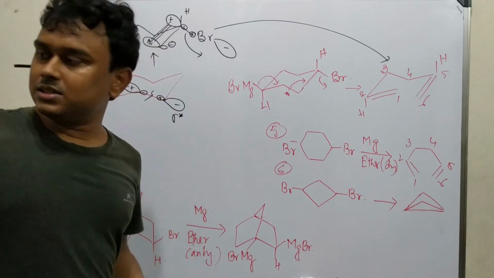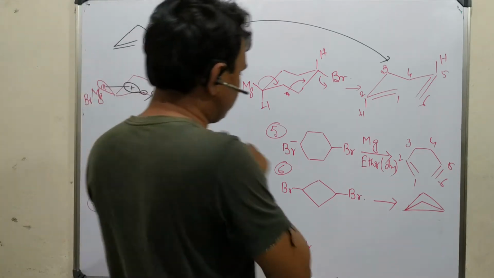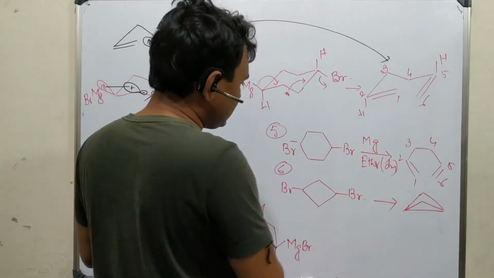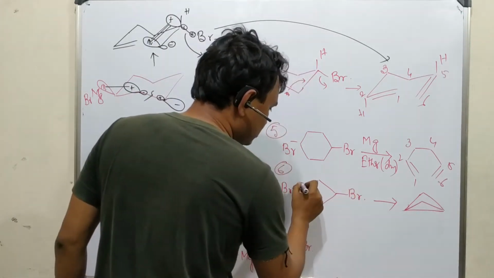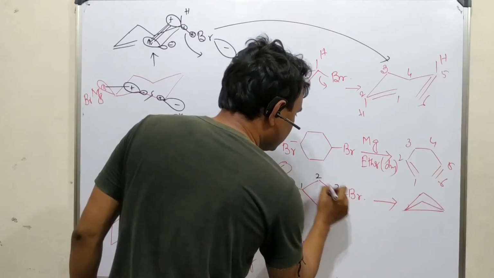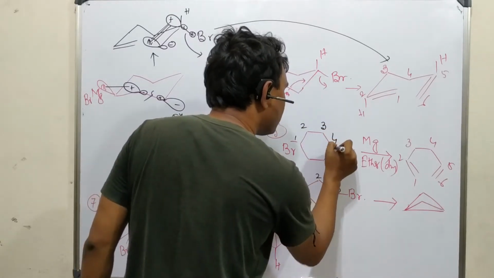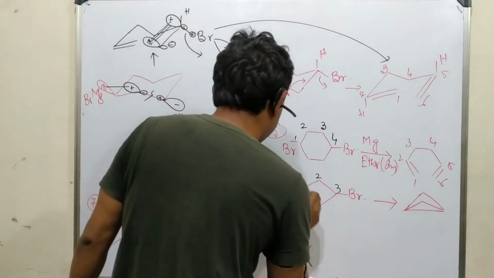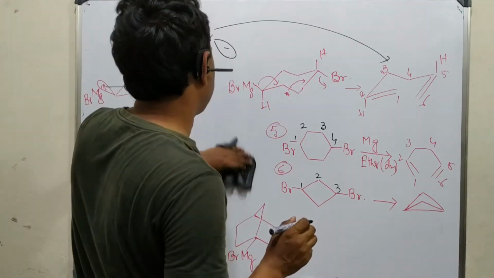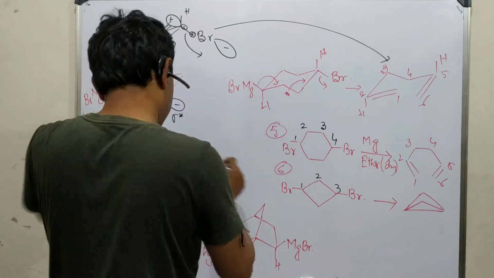Now let's discuss the next example. See, it is 1,4, it is 1,2. You can count 1,3: 1, 2, 3, 4. So if it is 1,3, what is expected? For that you have to draw the Haworth structure also.